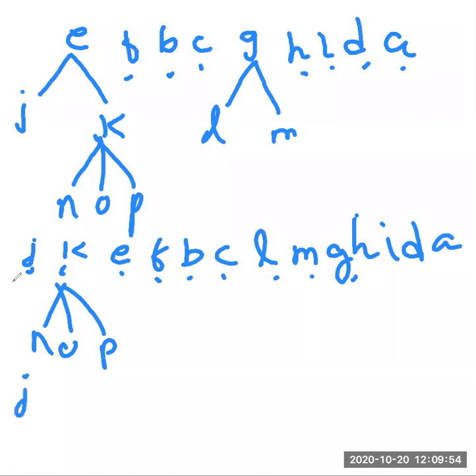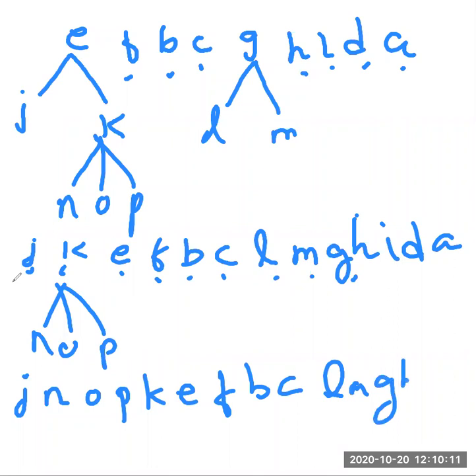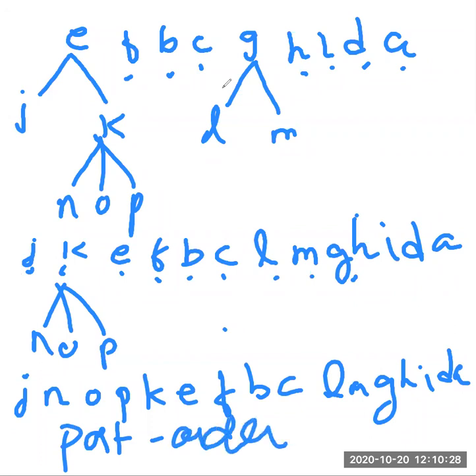So J. Now post order to the subtree rooted at K. So N is the leftmost subtree, then O, then P, then K, then E, then F, B, C, L, M, G, H, I, D, and last is A. So this is the post order traversal of the tree.